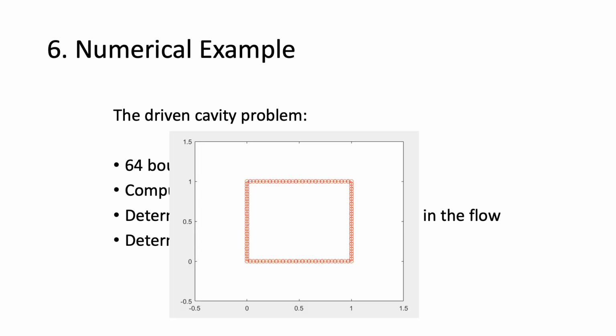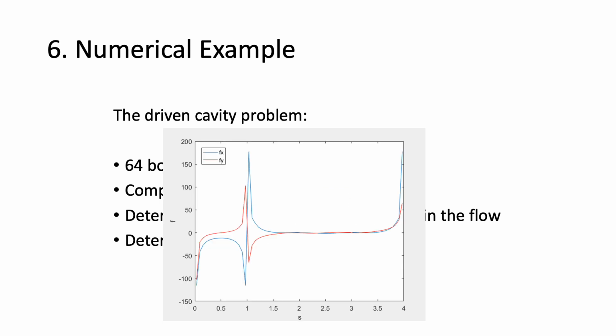First of all, this is the cavity with 64 boundary elements. The second one is the computed tractions. We can see the sharp spikes at the corners because the traction at a 90-degree corner in Stokes flow diverges.